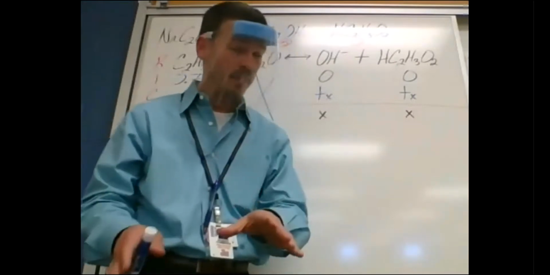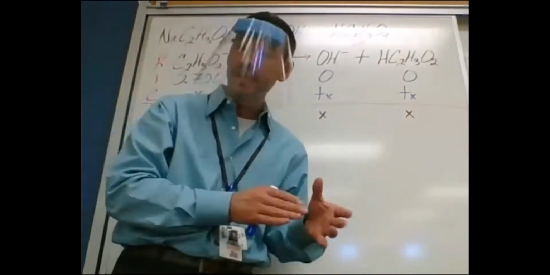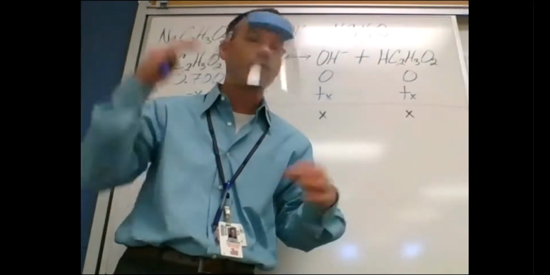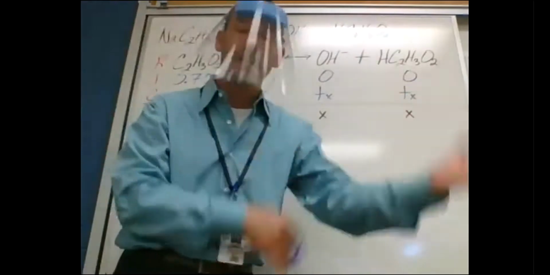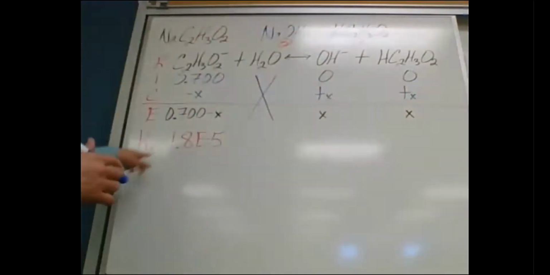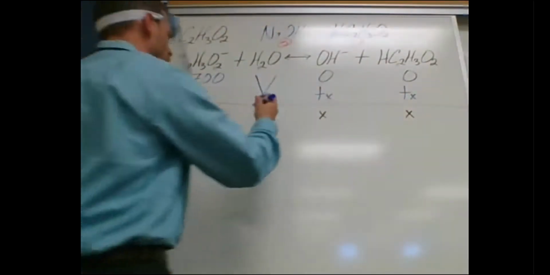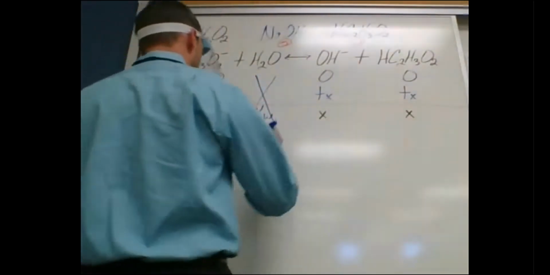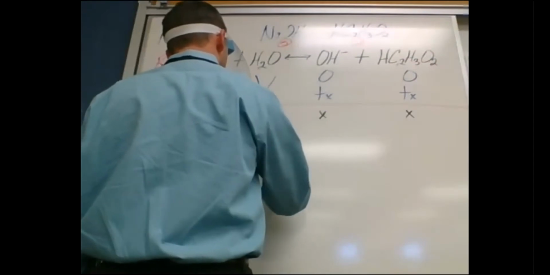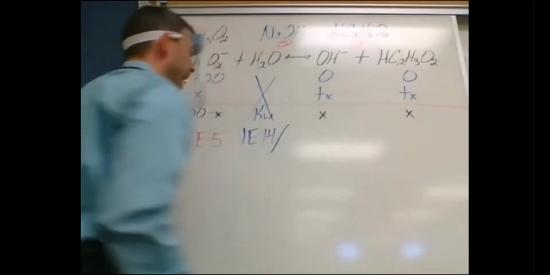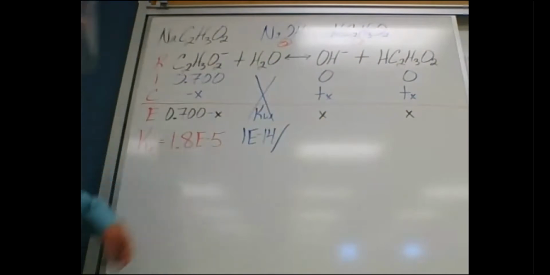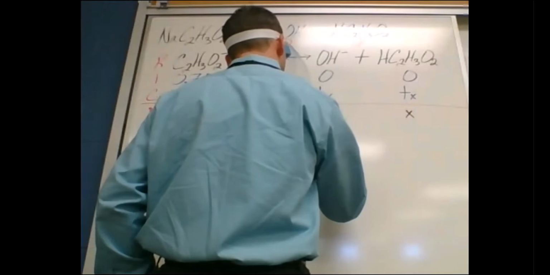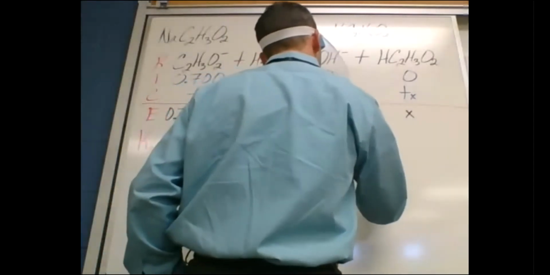But I know that Kw, the 1E negative 14, if you divide that by anything acidic, it gives you the basic version of it. Or if you divide it by anything basic, it gives you the acidic version of it. So I start with Kw, which is 1E negative 14, and I divide that Kw by Ka, 1.8 E negative 5, it will give me Kb.